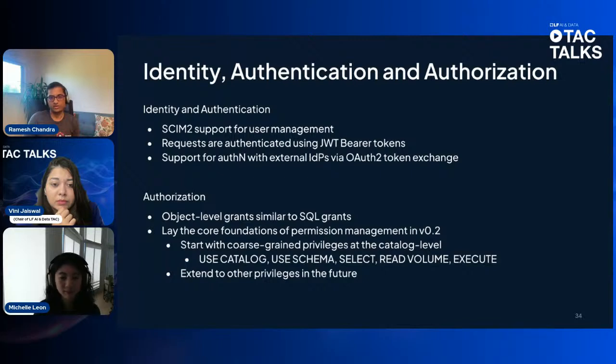There'll also be support for authenticating with external IDPs like Google and Okta, using OAuth token exchange. So for example, you could get an identity token from Google and exchange it for a UC access token using this token exchange flow, and use that for performing actions against UC. So that's with respect to identity and authentication.